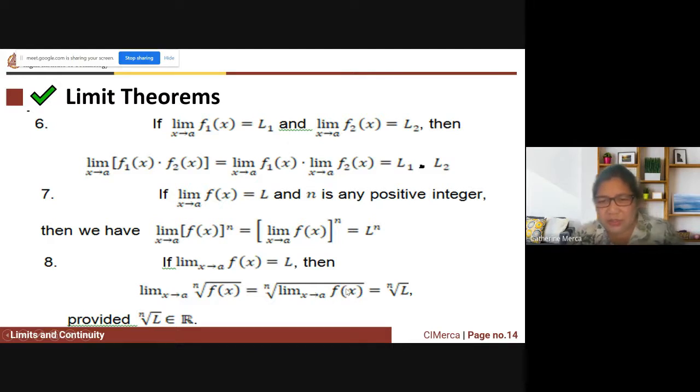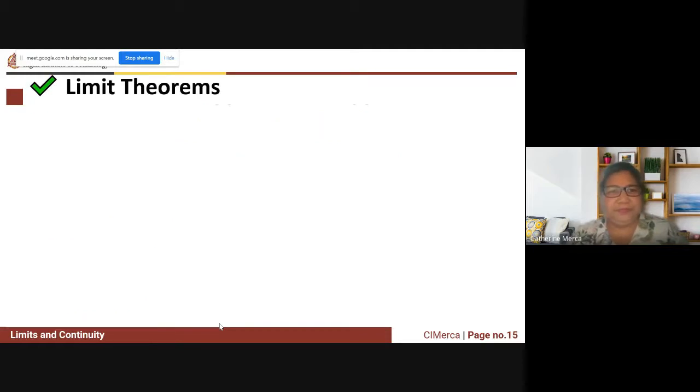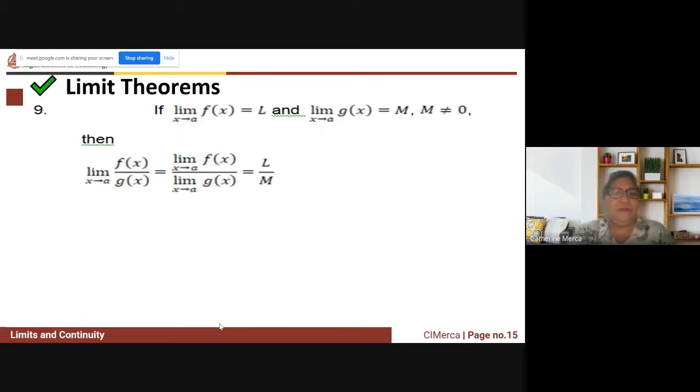Okay, ang limit sa function is supposed to be equal to L, so you simply take the nth root, as long as ang nth root sa limit kay element sa real number. Otherwise, pag dili siya defined, then we can make use of that theorem. Other limit theorems would be the following.